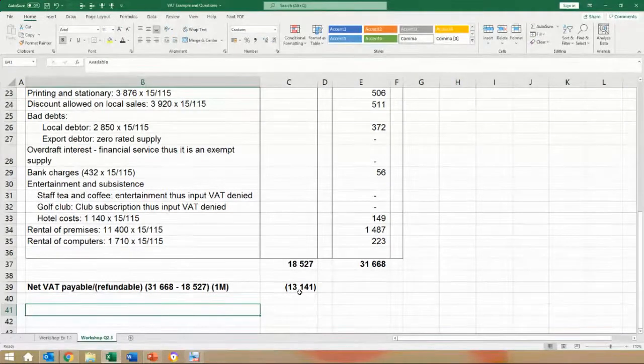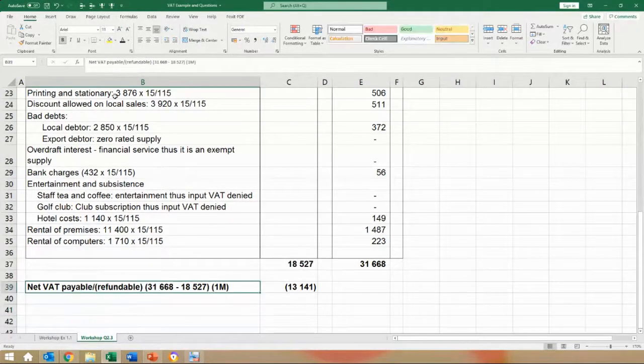Okay, and that's how it is refundable. So I would actually write it, let me just change this. I would start with the output VAT and deduct the input VAT, and then you would get to a negative figure. And that is how you know it's a refund.